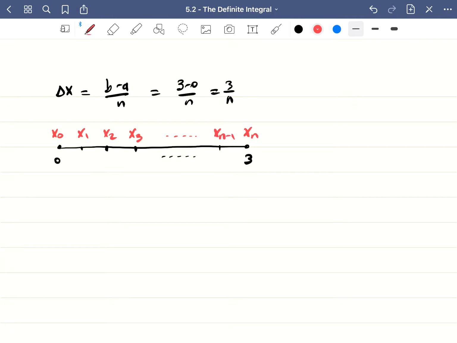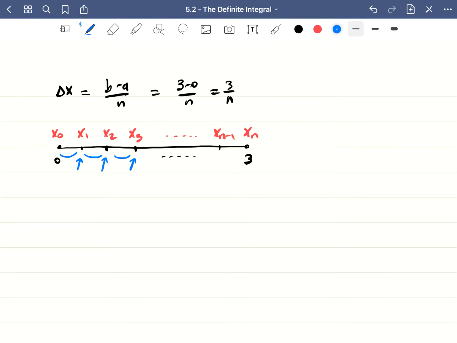Now the right endpoint for the first subinterval, x0, x1, is x1. For the next interval, x1, x2, the right endpoint is x2, and so on.